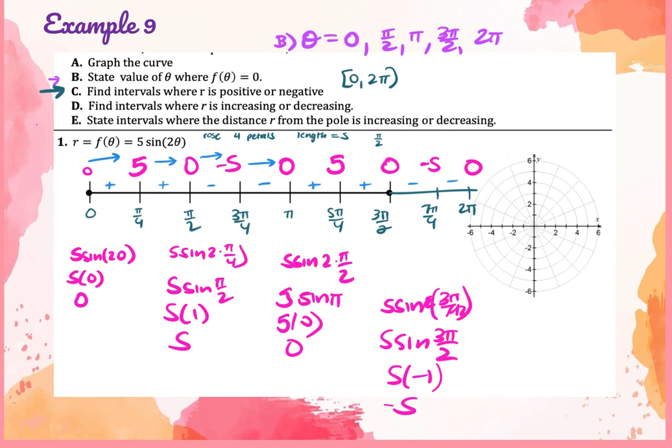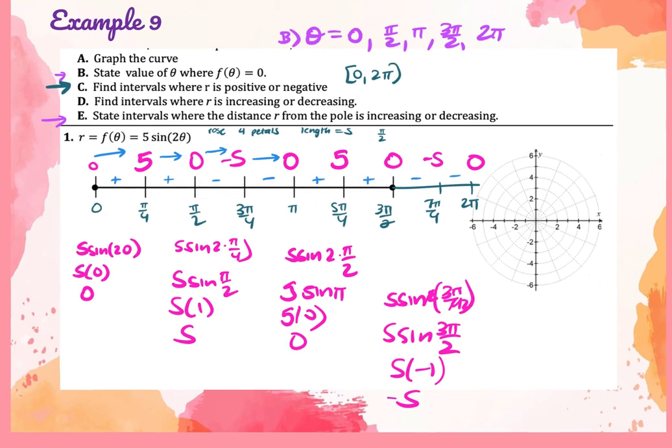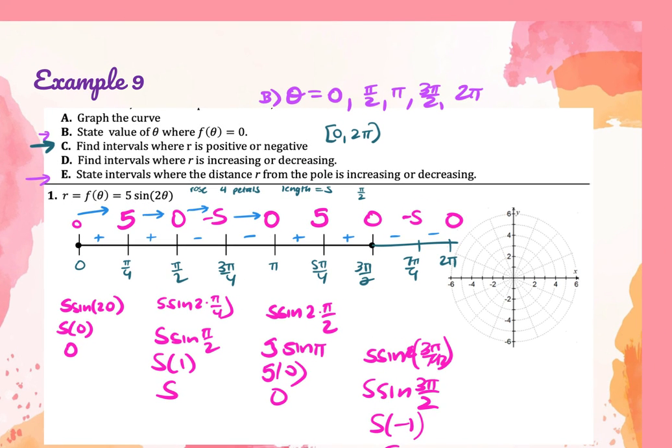Now it says state, so if I was going to give those intervals, I would do all the positives. So from 0 to pi over 4. Actually, it goes from 0 all the way through to pi over 2. Then pi to 3 pi over 2.